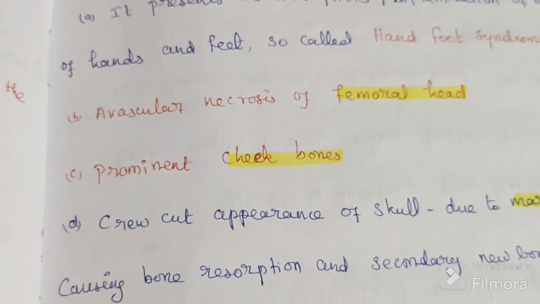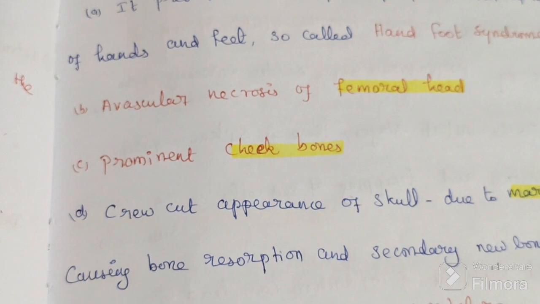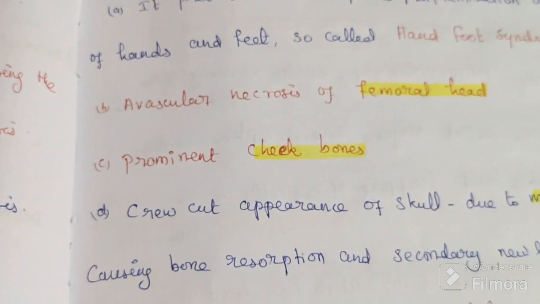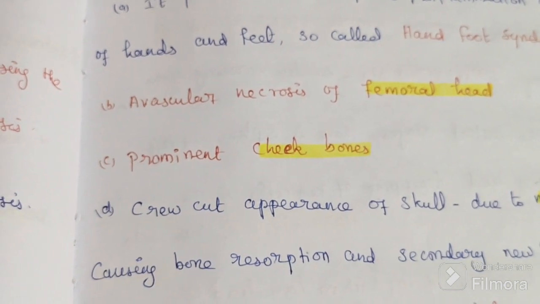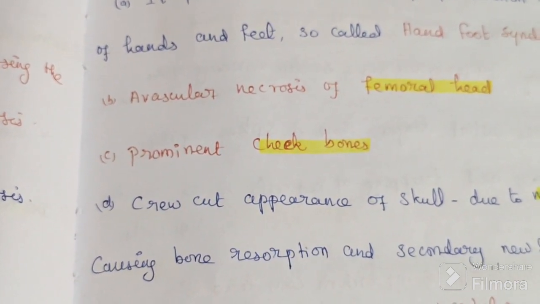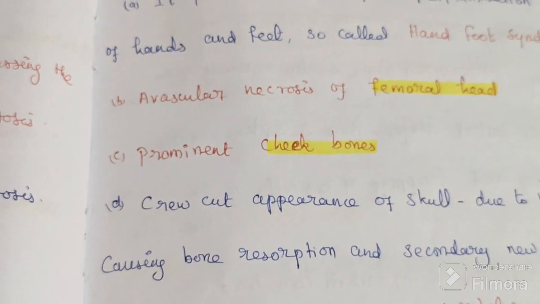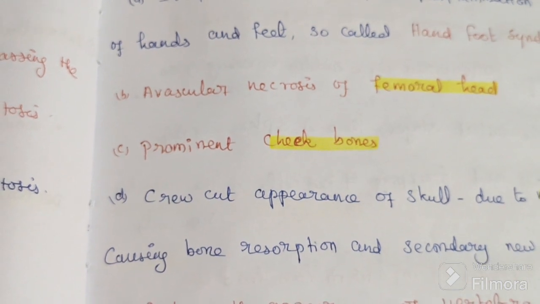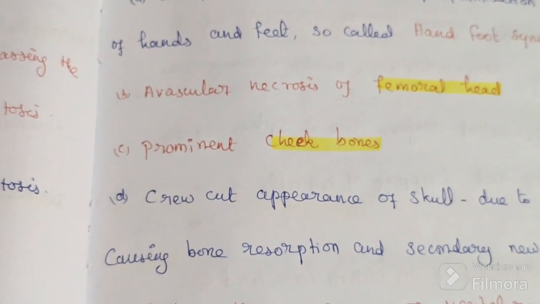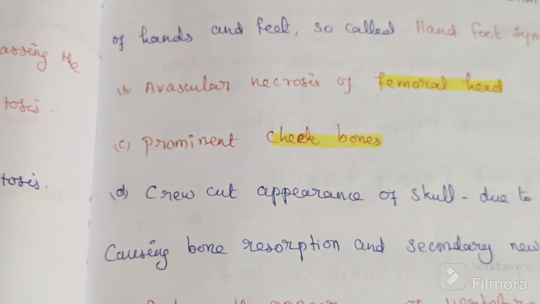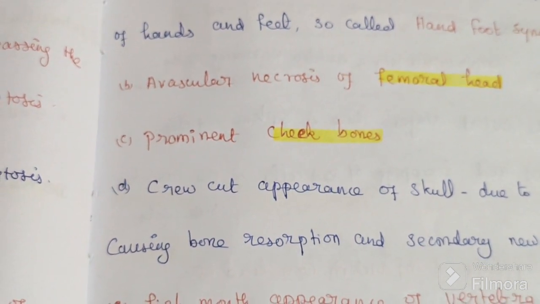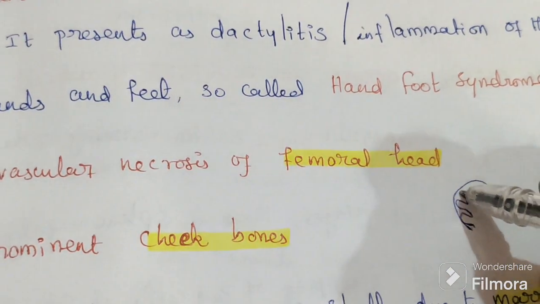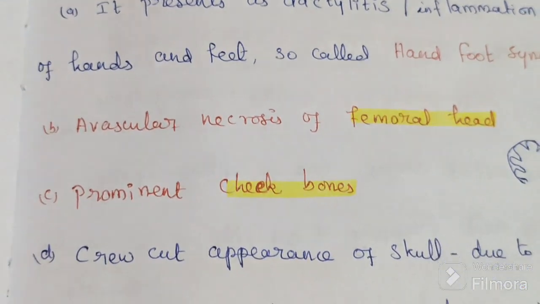Because of that compensation the marrow cavity expands, leading to a prominent cheekbone. So looking at the face, the child has sickle cell anemia. Sometimes it occurs with the skull bone along with the maxillary bone. In this one there will be a crew-cut appearance. The diagram is attached here.